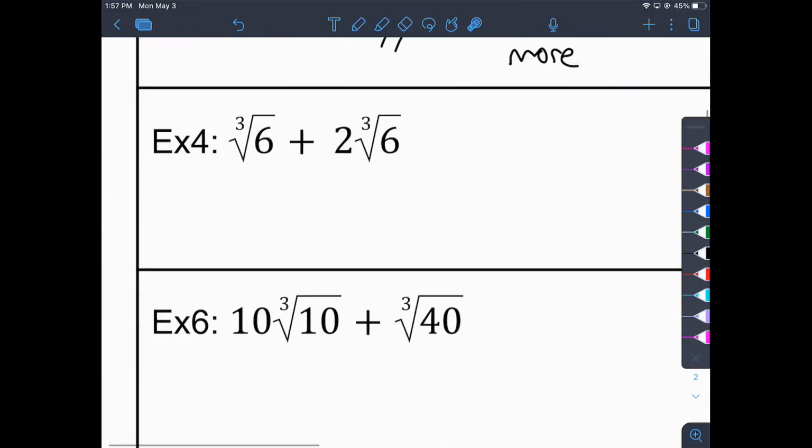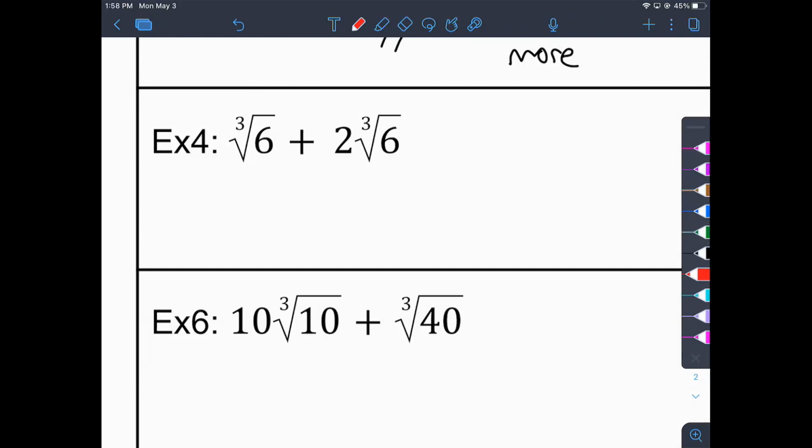What about here? Well, initially you're like, well, is it really the same? And since the 3 of the index matches this 3 of the index, and the 6 of the radicand matches the 6 of the radicand, they are essentially the exact same root. However, how do you actually add them? Well, think of this first one.